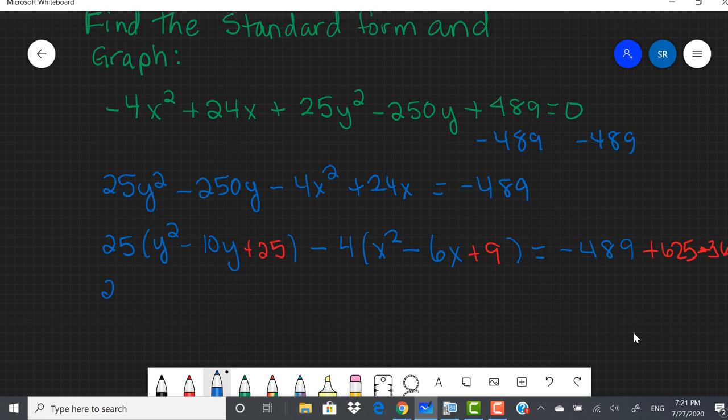All right, so now let's complete our perfect squares. We get y minus 5 squared minus 4 times x minus 3 squared. And over here, this actually turns out really nice. Negative 489 plus 625 minus 36 ends up being 100.